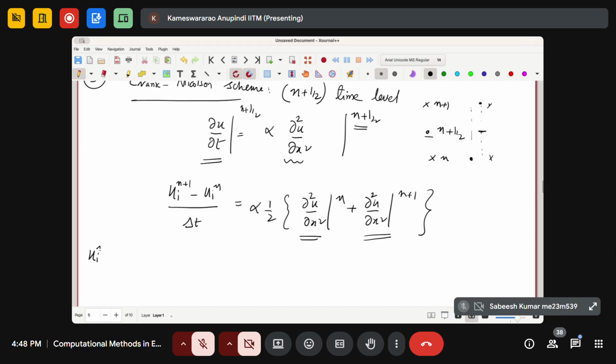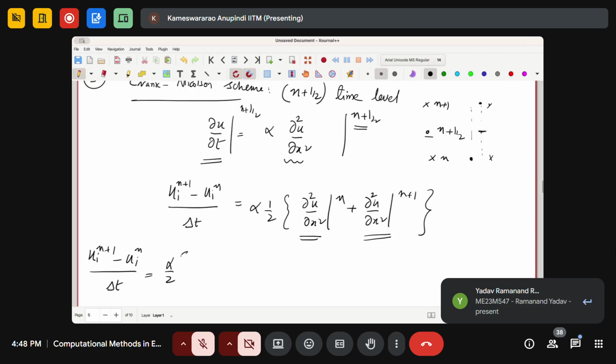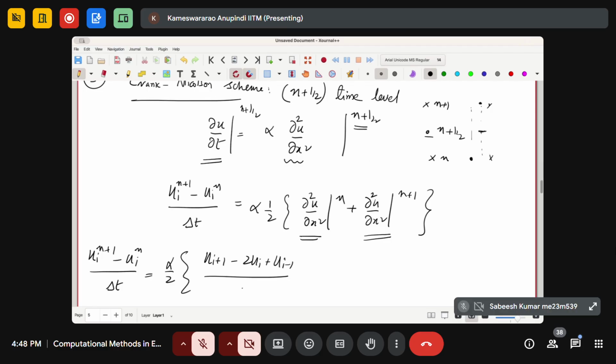That means ui n plus 1 minus ui n divided by delta t equals alpha by 2 times ui plus 1 minus 2 ui plus ui minus 1 divided by delta x square, all evaluated at n, plus ui plus 1 minus 2 ui plus ui minus 1 divided by delta x square, all evaluated at n plus 1.